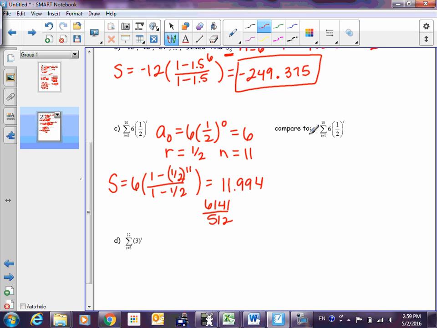Okay, so if we look at this next one, is the first term still 6? If we start with 1 instead of 0, well, no. It's 1/6 times 1/2 to the power of 1, which is going to turn out to be 3. r is still going to be a half. What is n? We start with 1 and end with 10.